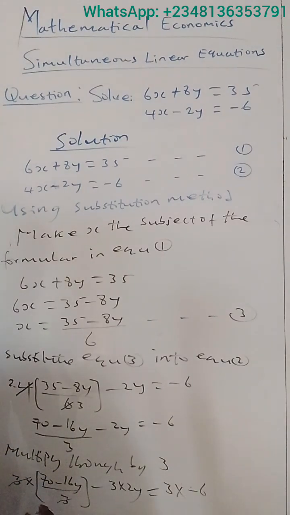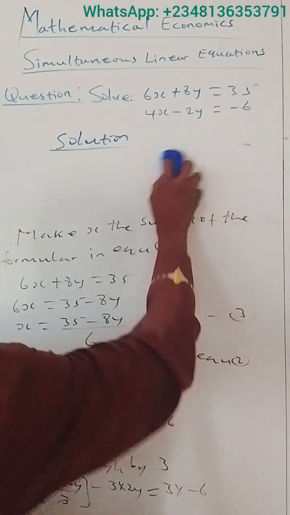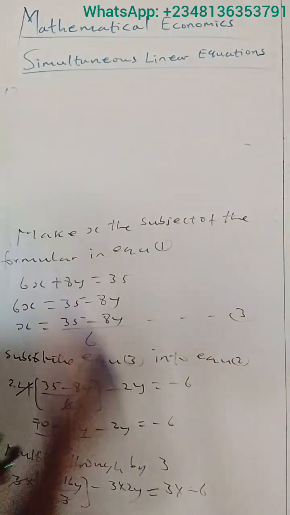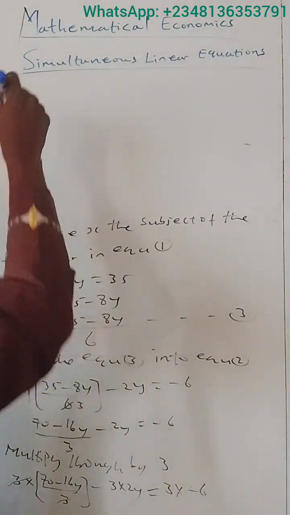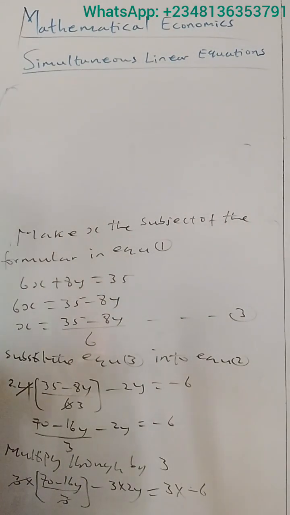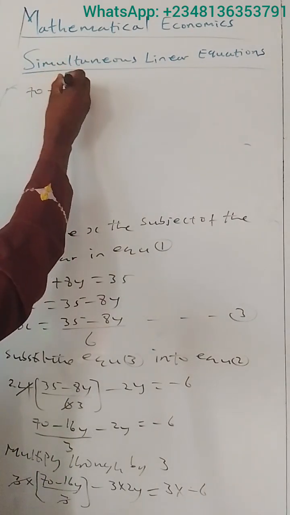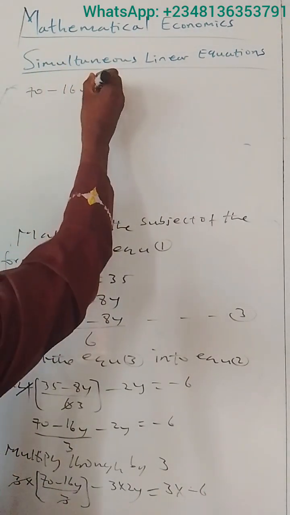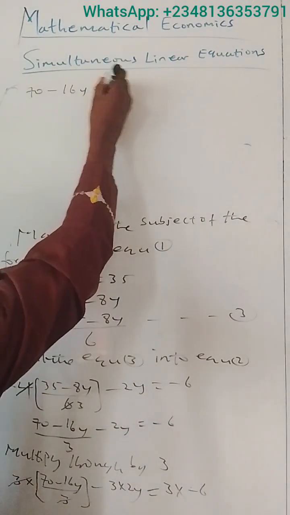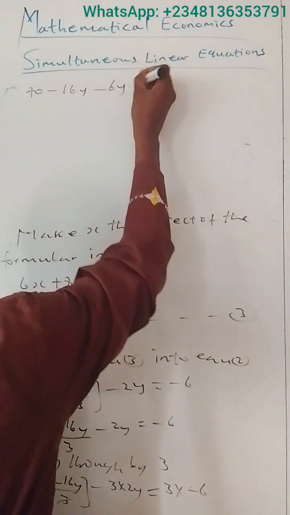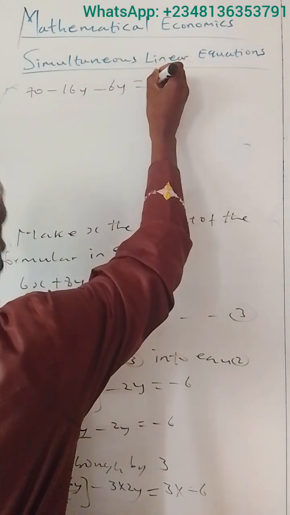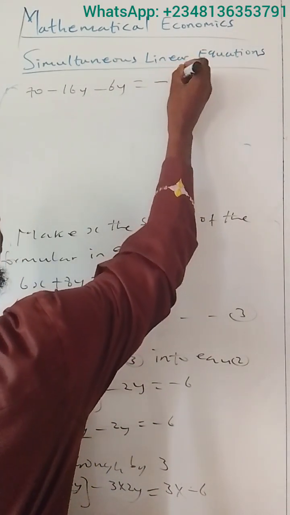So I'm left with 70 minus 16y, then minus 3 times 2y, that will be minus 6y, equals 3 times minus 6, and we're going to have minus 18.